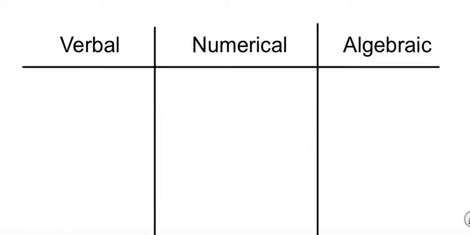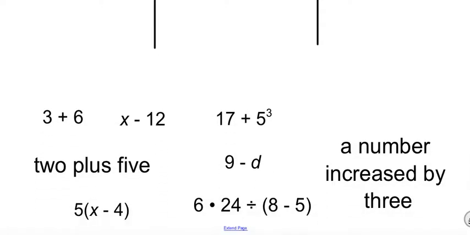In class, we worked on sorting these into different categories. We're not going to go over all of them, but as a quick example, let's look at 3 plus 6. Notice that there are no variables. It is only numbers. There are no words. So that would go into the numerical expression.